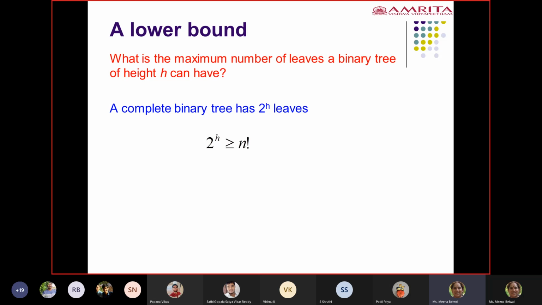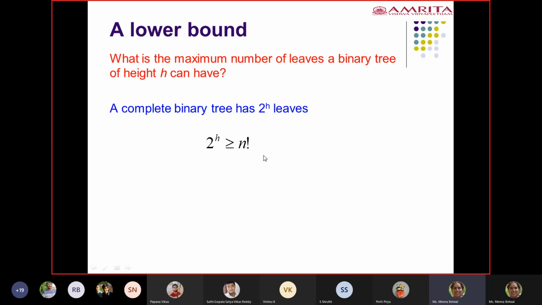So in my decision tree model, I have leaves as factorial of n, and the maximum leaves that I can have is 2 to the power of h. So 2 to the power h is greater than or equal to factorial of n.